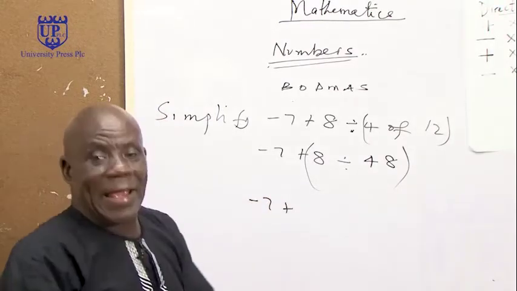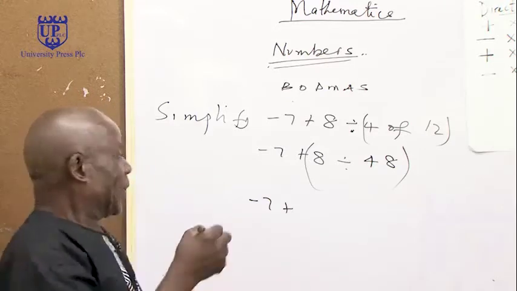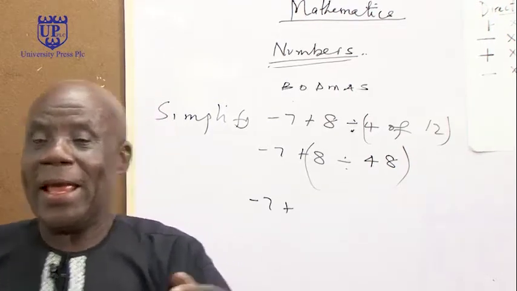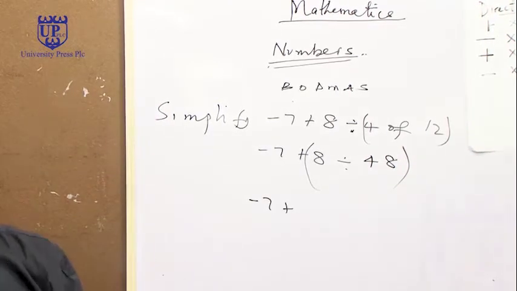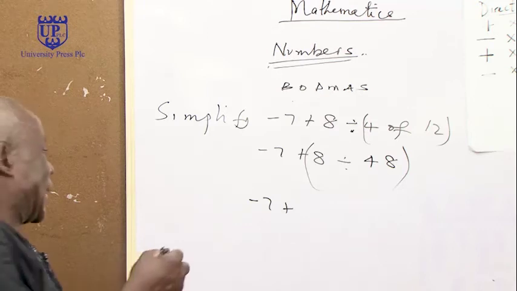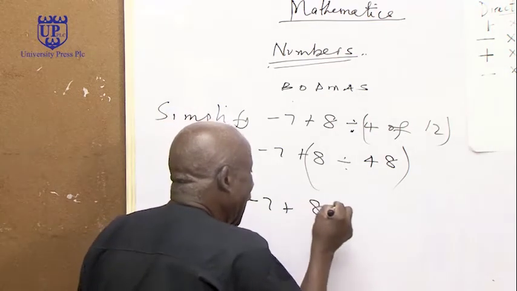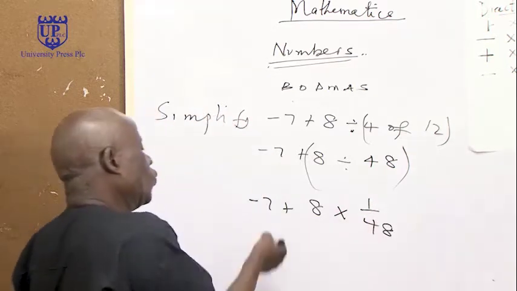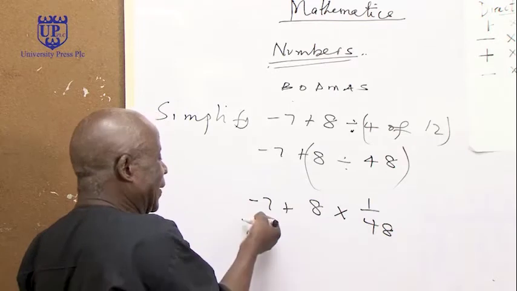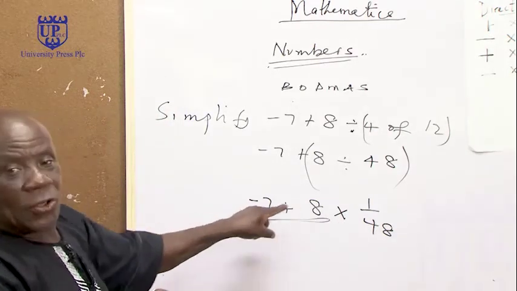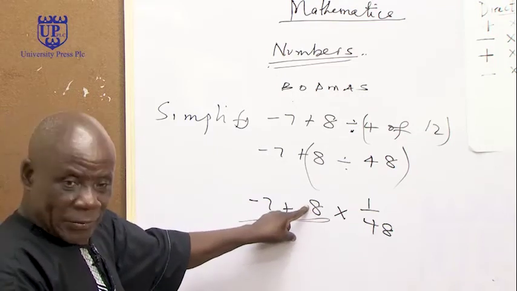If you are dividing a number by another number, let's say 3 over 5, divide 3 by 5 means 3 over 5. So 8 divided by 48 is the same thing as 8 multiplied by 1 over 48. Don't add this. They are not connected. The one is negative, the other one is positive.